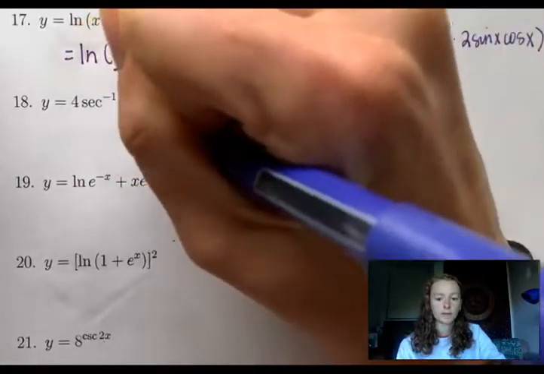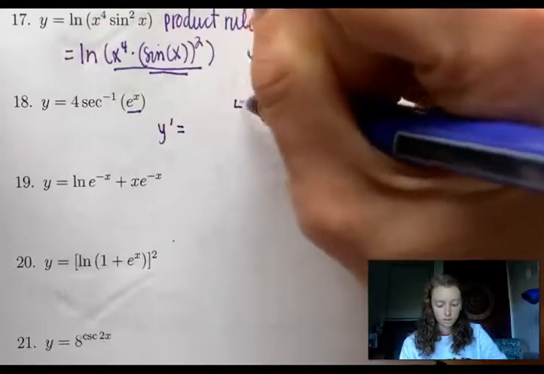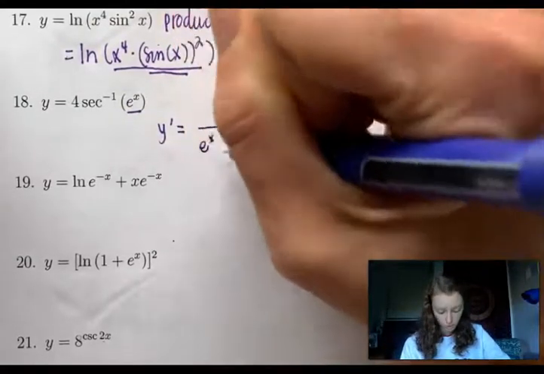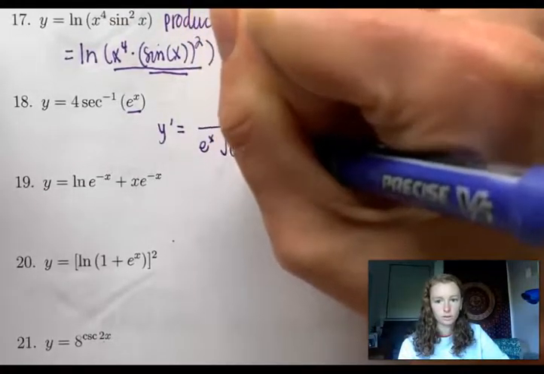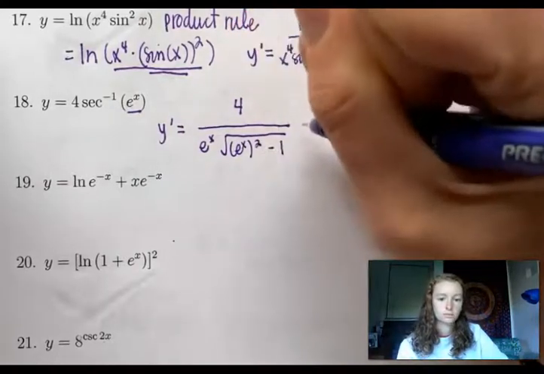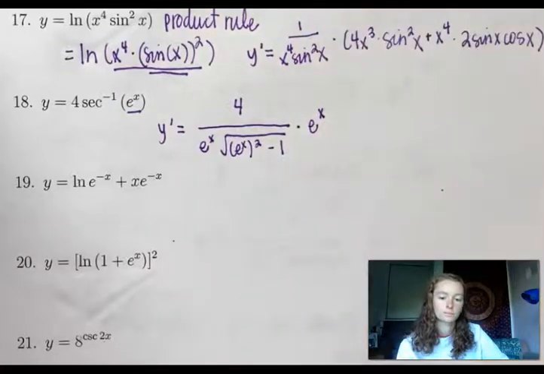Okay, so for 18, our inside function is e to the x. So we're going to have a chain rule. So you rewrite the number, and then you take the derivative. But if you did work this out with the product rule, you'd figure out that you can't multiply 4 because it just turns into 0.